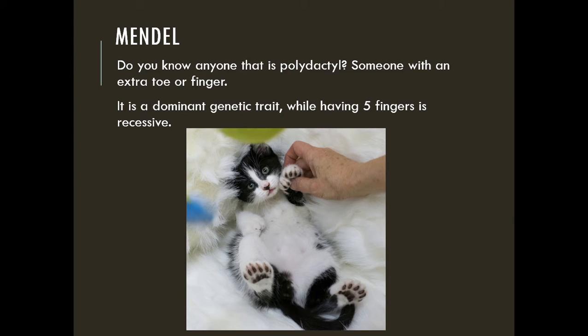Later on, we're going to analyze what is a dominant gene and what is a recessive gene. But just to give you a perspective, a dominant gene is something that is constantly present, and a recessive gene is something that is not as present as a dominant gene.